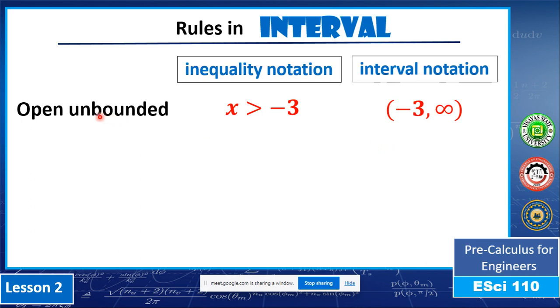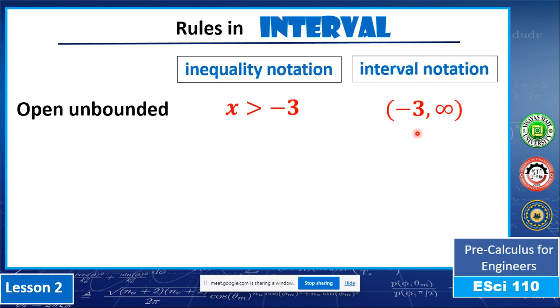For unbounded, for the case of infinity, you use parentheses, because we don't know the exact value, it is arbitrary, as I told you on the previous slides. We are uncertain, so we just put parentheses, the same as with open. Take note, for unbounded it is parentheses, not a brace. The brace is limited to non-strict inequalities.